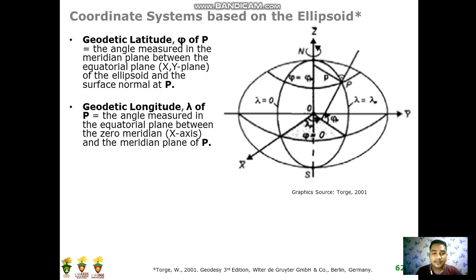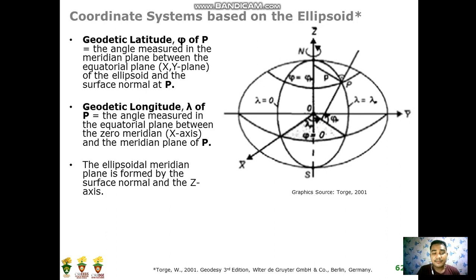Earlier, geodetic latitude was in the meridian plane. Now geodetic longitude is in the equatorial plane, between the 0 meridian and the meridian plane of point P. Let's say this is the 0 meridian, or Greenwich. From there toward the meridian plane of point P. The meridian plane goes from north to south where it passes through point P. So from the 0 meridian toward the meridian of point P.